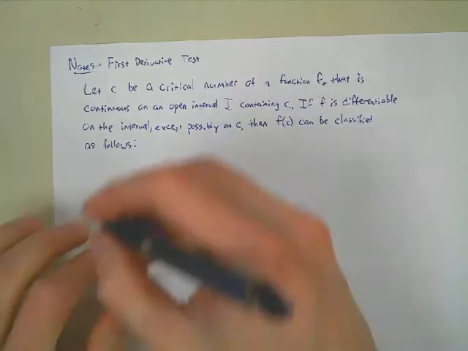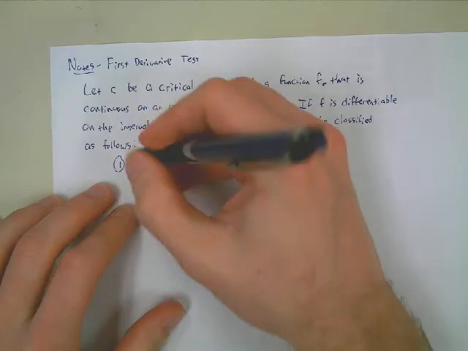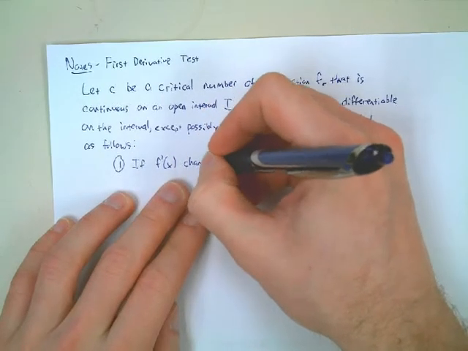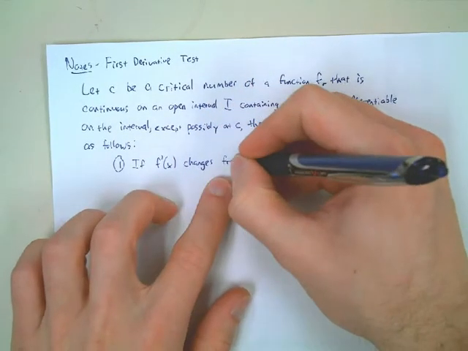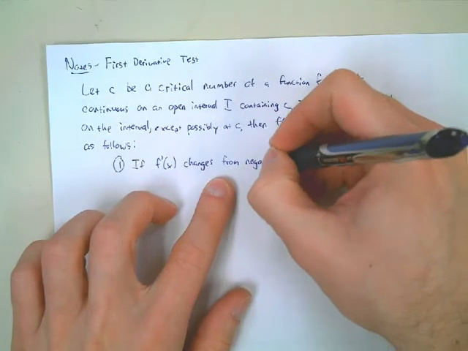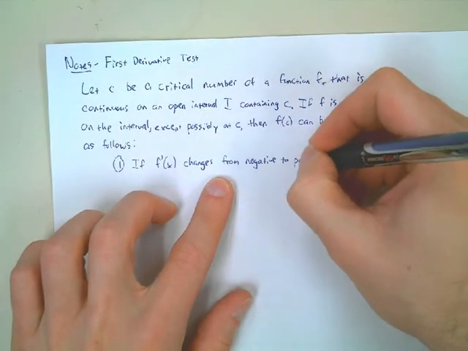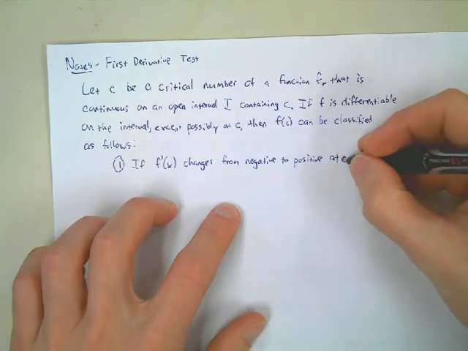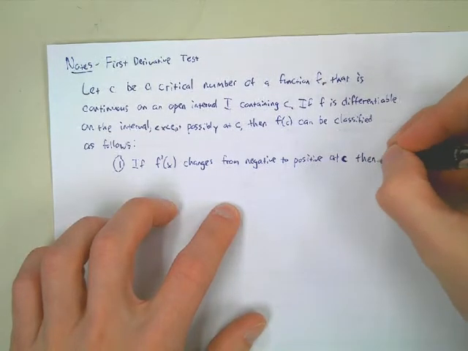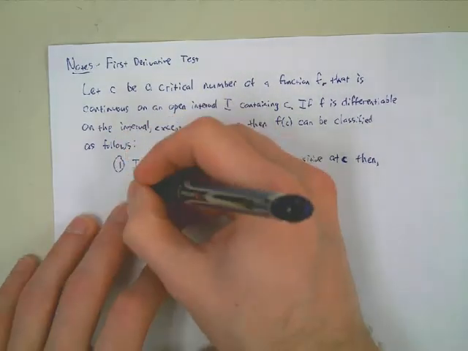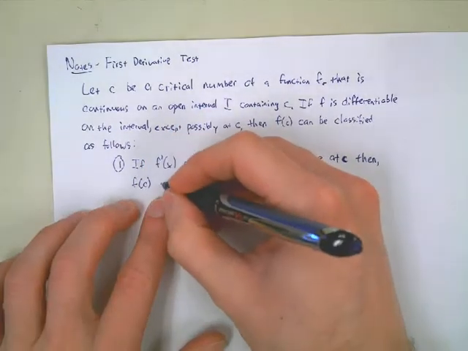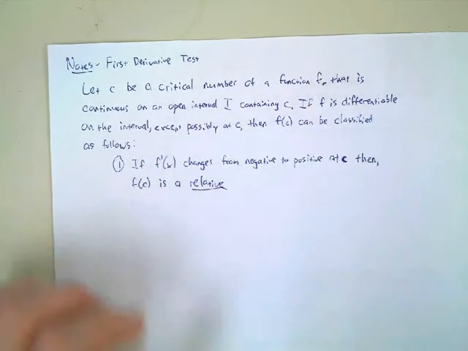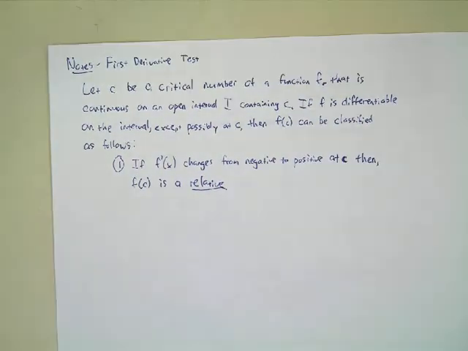If f prime of x changes from negative to positive at C, then f of C is a relative... and I'm going to hold off on filling in the blank here because I want you to think about this.